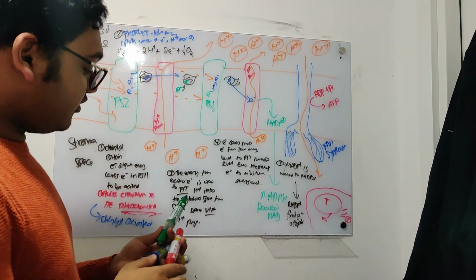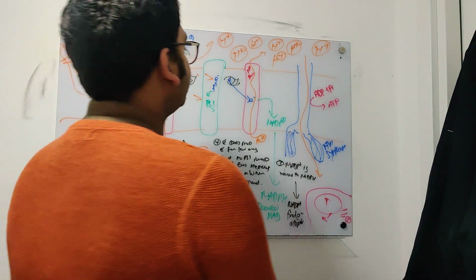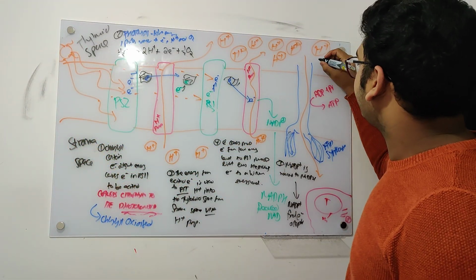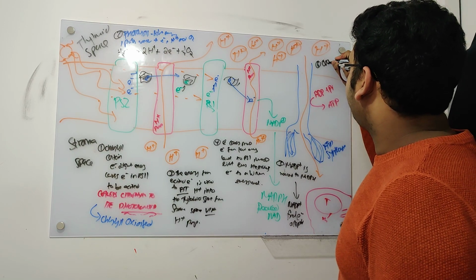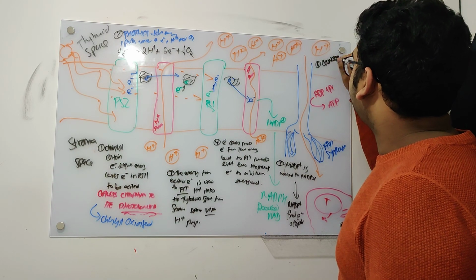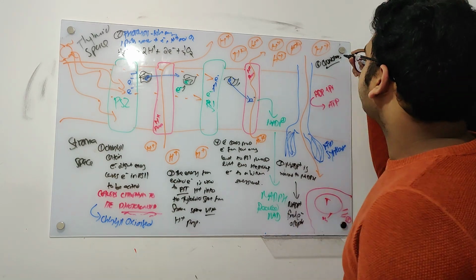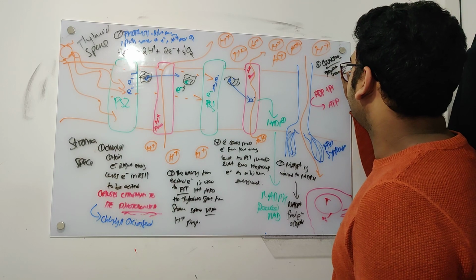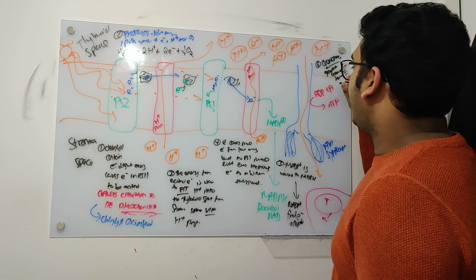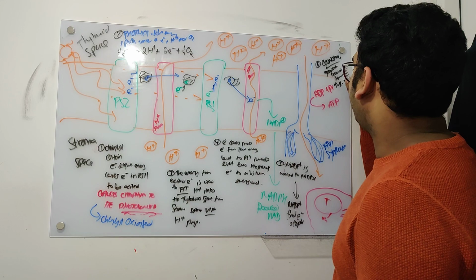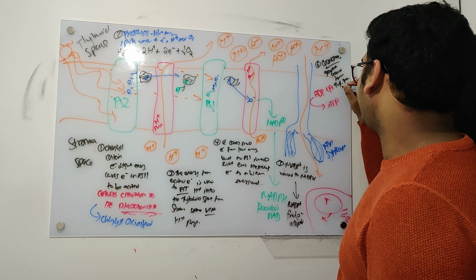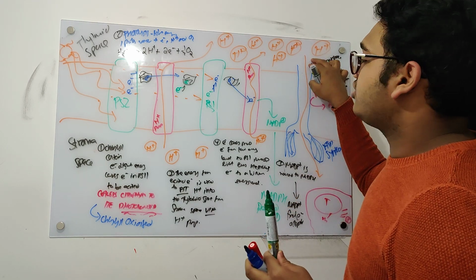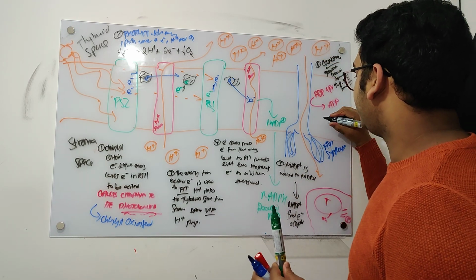So I've run out of space, so I'm going to try and squash it on over here. So we were at 4, 5, 6. Chemiosmotic. This is a key word you really need to write in your exam. Chemiosmotic gradient created between thylakoid space and stroma space. The hydrogen ions will move from a high concentration to a low concentration via ATP synthase.